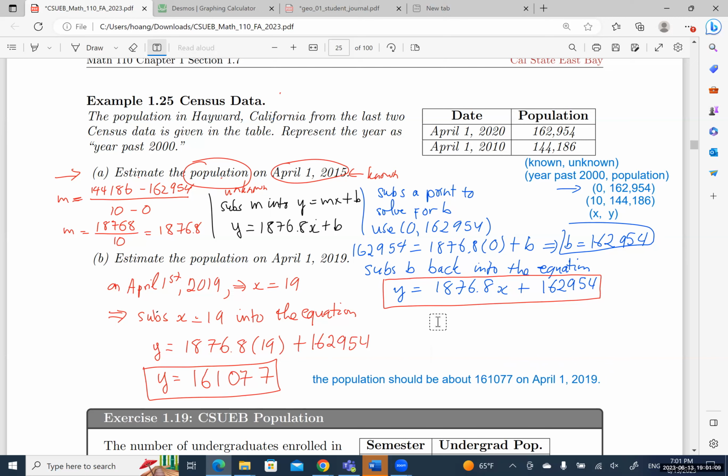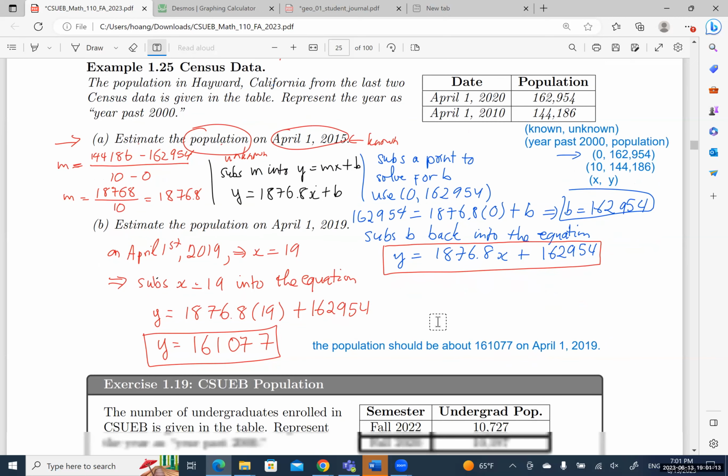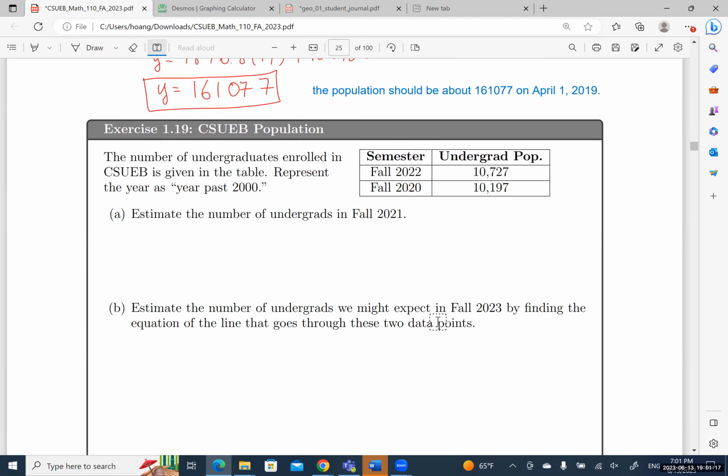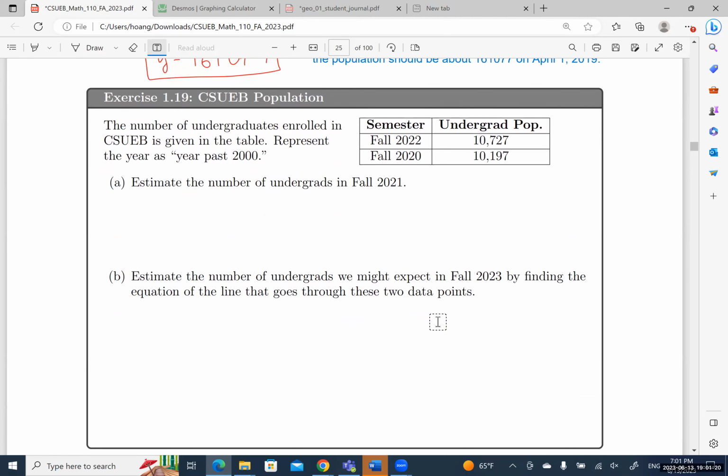Okay, so that is for this example 1.25. You can go ahead and try the similar one over here to find the populations.